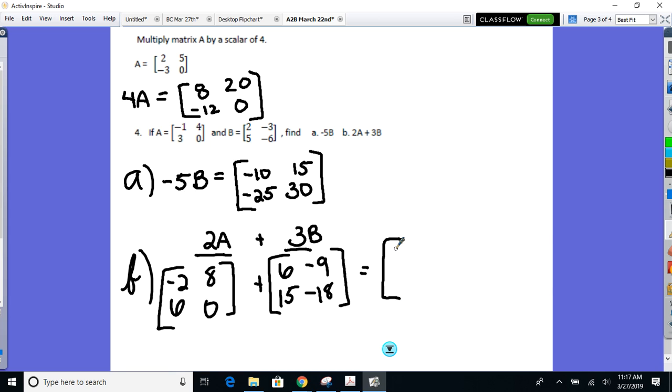First spot, first row, first column. 4. Second row, first column. 21. Row 1, column 2. 1. Row 2, column 2.